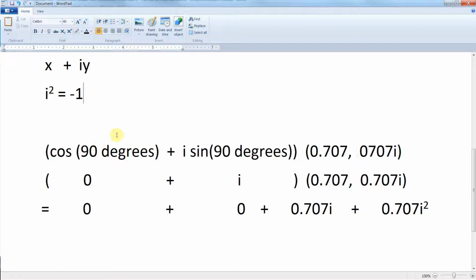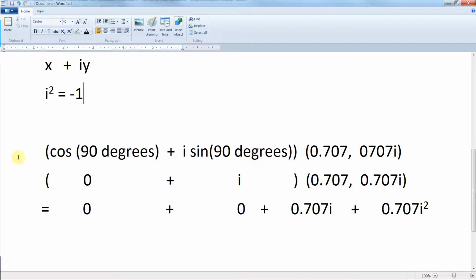I'm just converting this term to 0 and this term to i, all right? And then here are the same two original numbers over here, the real and imaginary part. Now that we have these, we basically converted the cosine and sine like that.